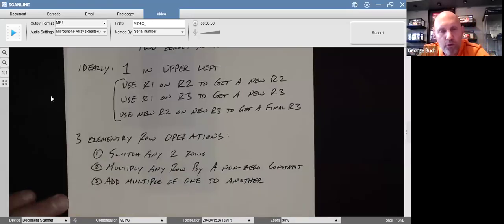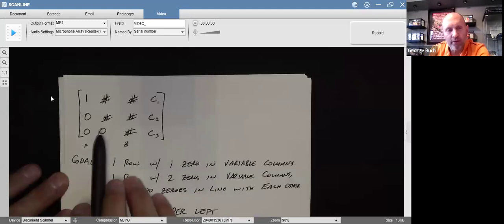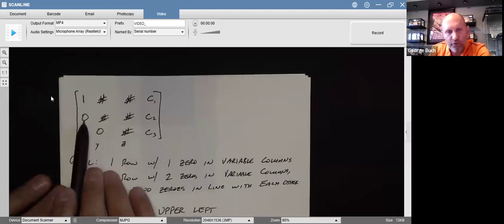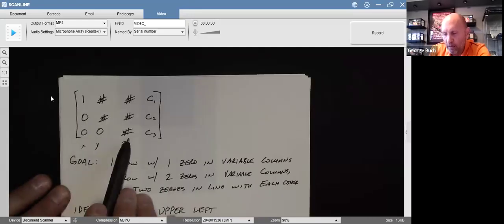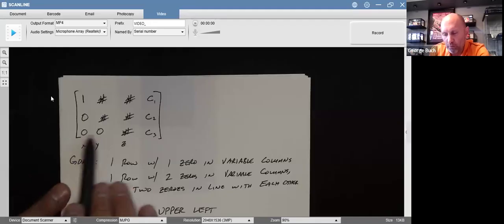And so using those row operations, ideally, I get to a point that my matrix looks like this. I have one row that has 1, 0 in the variable columns, I have one row that has 2 zeros in the variable columns, and I have 1, 0 above another.